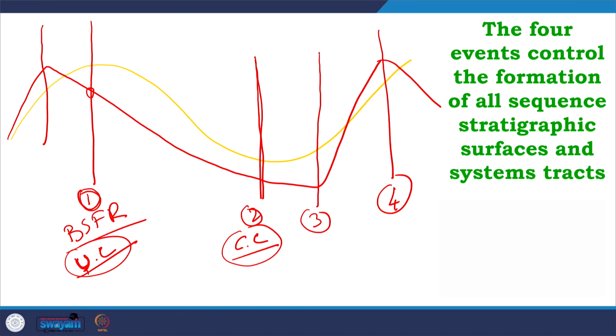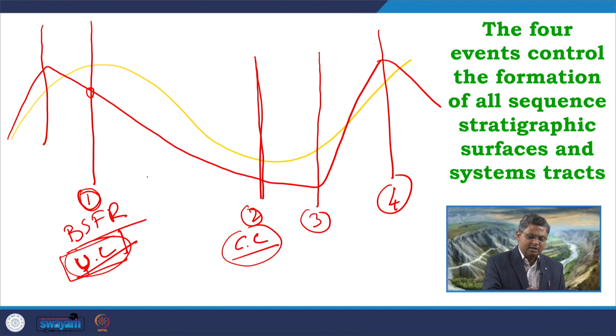Whereas, in the proximal part of the basin, this entire forced regression will be demarcated by unconformity. So, this entire part is the forced regressive part and it is bounded by these surfaces, either a BSFR followed by a correlative conformity.